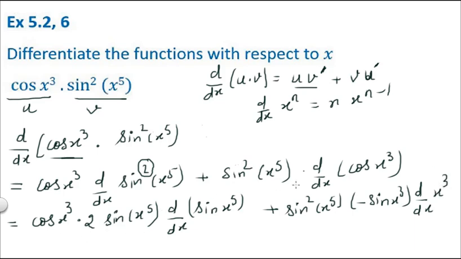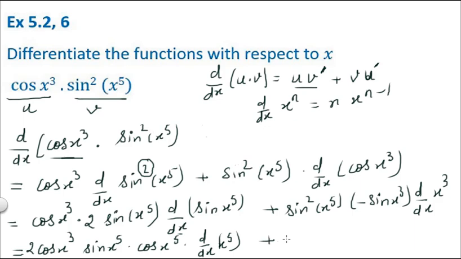Doing this, we will write cos of x cube, this 2 I am taking in front, sin x to the power 5 into, now do for sin of x to the power 5. You know very well the differentiation of sin x is cos of x to the power 5 into, you will now differentiate x to the power 5.